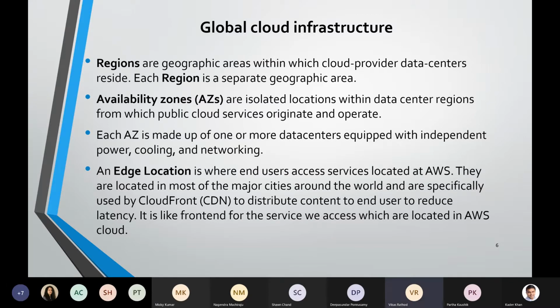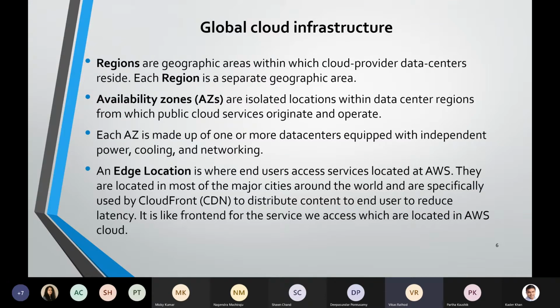And on AWS, there is another term called edge location. If you are planning to launch your web services or any web app, then the most important part is that your users can use it with minimum latency.